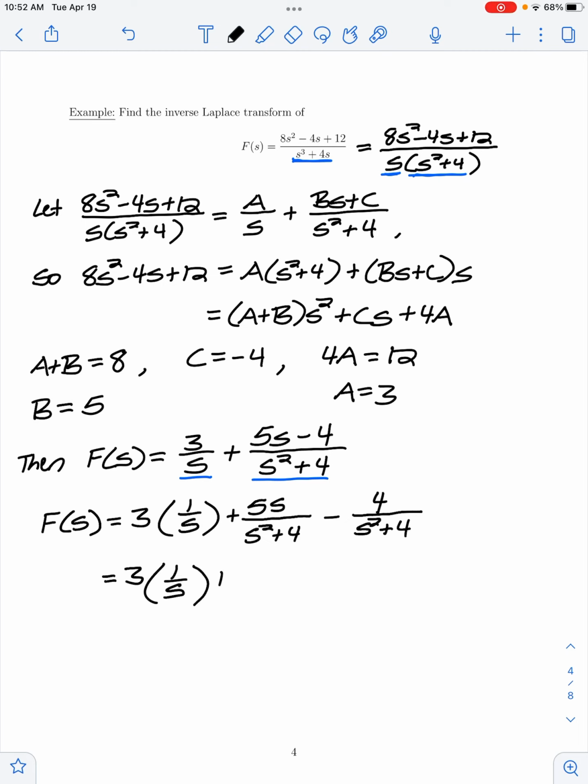For these last two terms, I could factor out a 5 from the second term, leaving me with s over s squared plus 4.